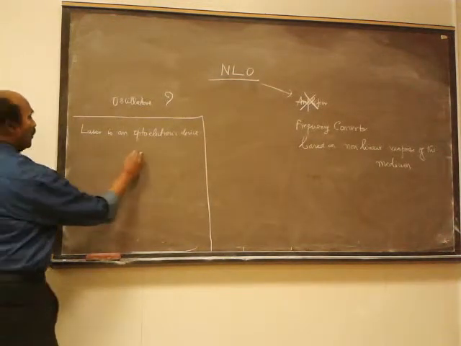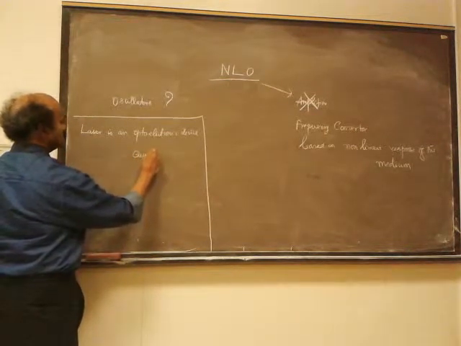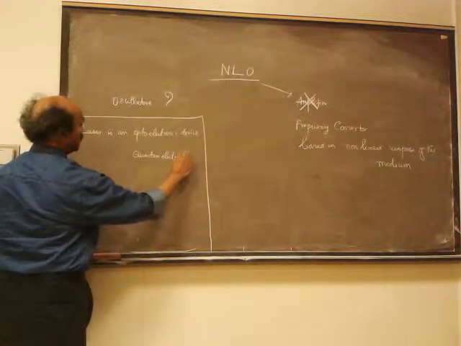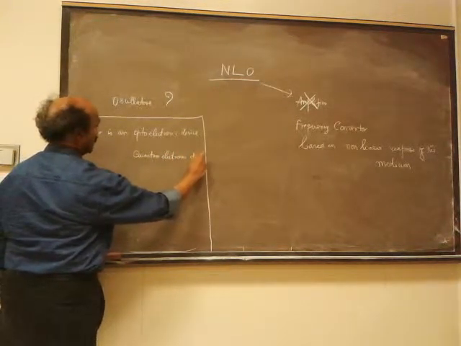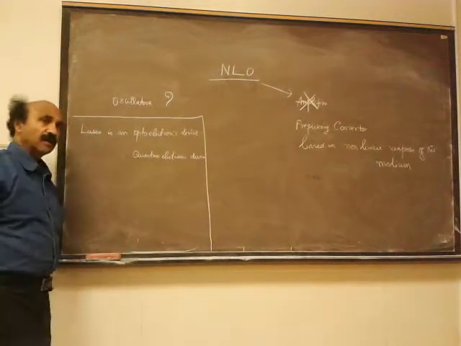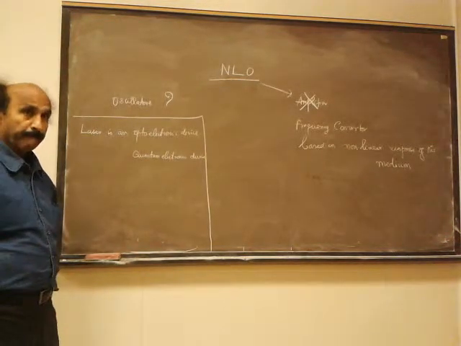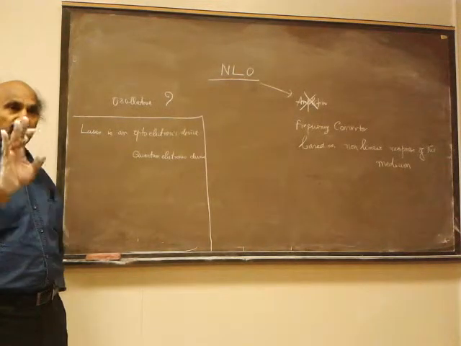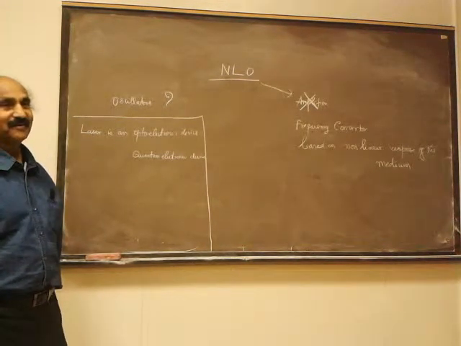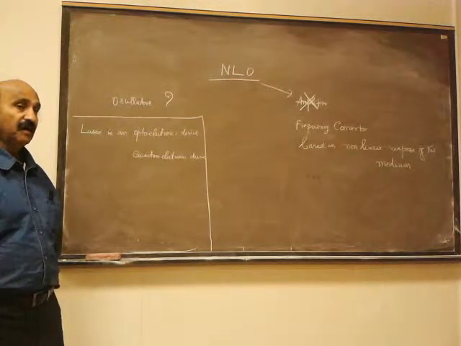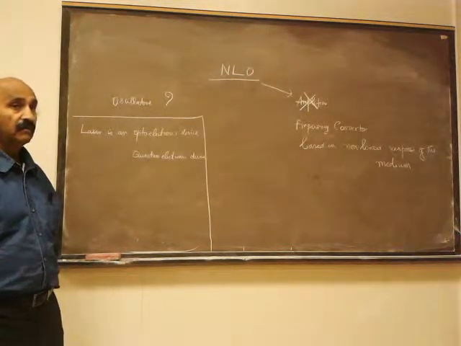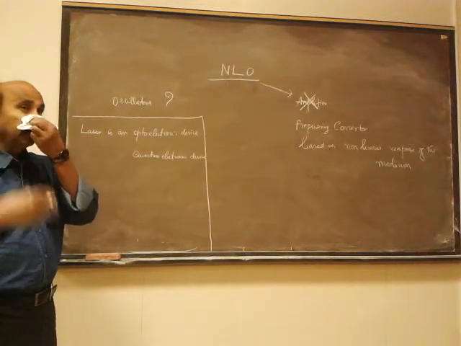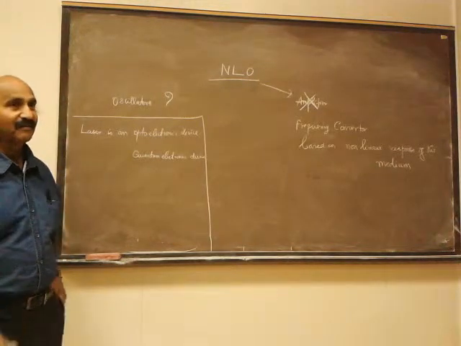Sometimes it is called a quantum electronic device, because the energy comes from the energy levels. That's the quantum part. Then you should say quantum device. Why quantum electronic device? You are right, quantum. But why electronics? Where is the electron there?